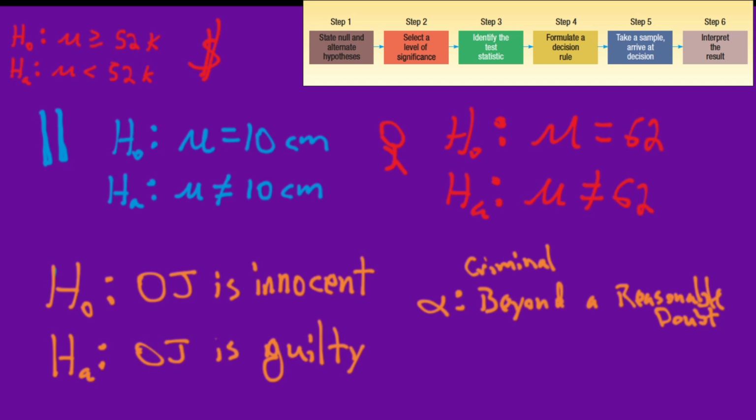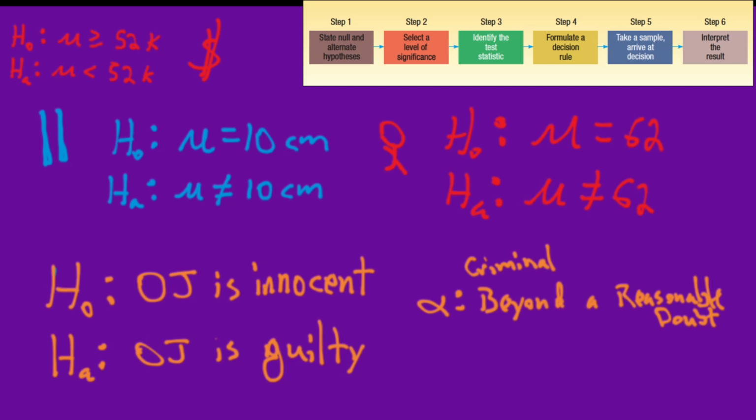It was not beyond a reasonable doubt. We could go on a deep dive about how much evidence there actually was and whether the jury had other issues, but let's take the jury at their word. They found that there was not enough evidence beyond a reasonable doubt, so it did not reach the level of significance to reject the null hypothesis. So we stay with OJ as innocent.